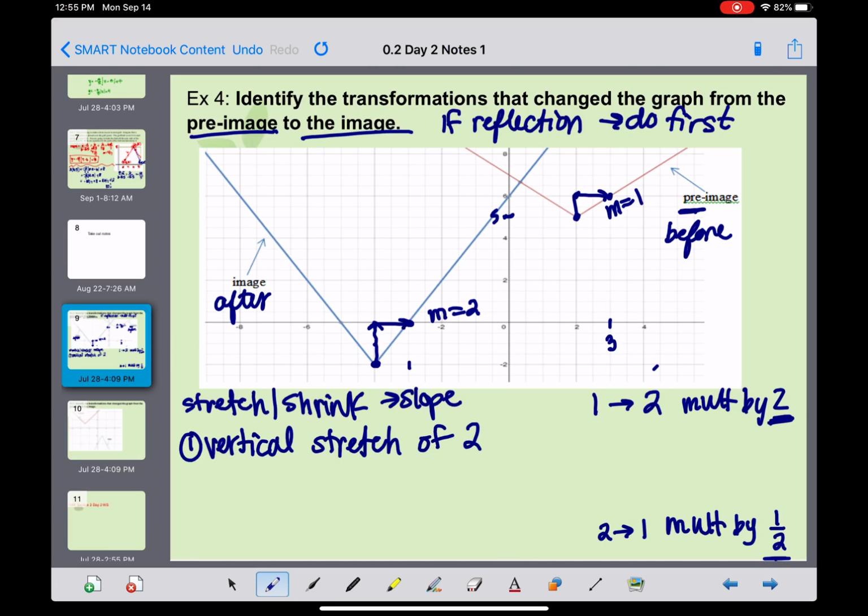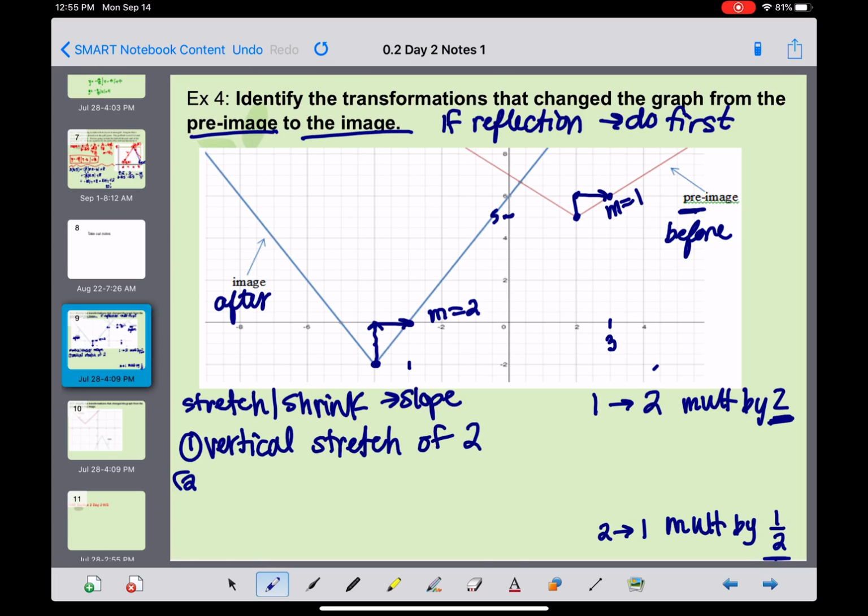Now, since that number is less than 1, I would have a vertical shrink because it's getting wider. This one's a little bit hard to tell because the pre-image, you don't see very much of the graph, but you notice that the graph gets narrower. That means there's been a stretch. Okay, it's narrower, so it's got a vertical stretch of 2.